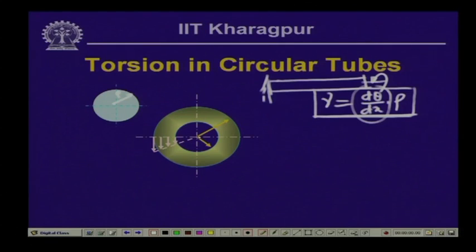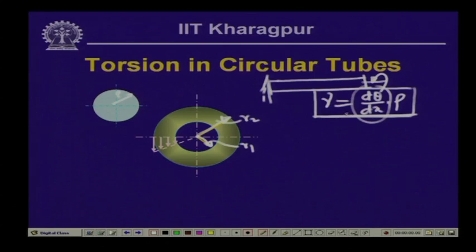So, the minimum strain occurs at the point which is the inside of the tube. If we look into this tubular cross section, this is the center over here. Let us call the internal radius r 1 and the external radius r 2.